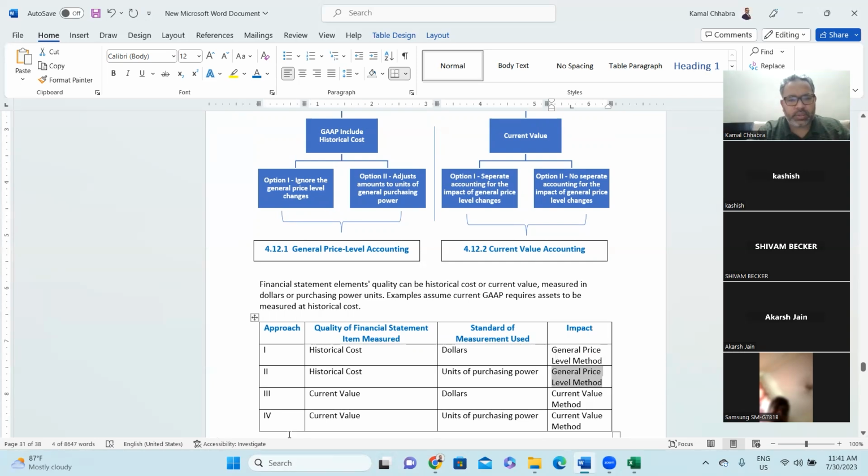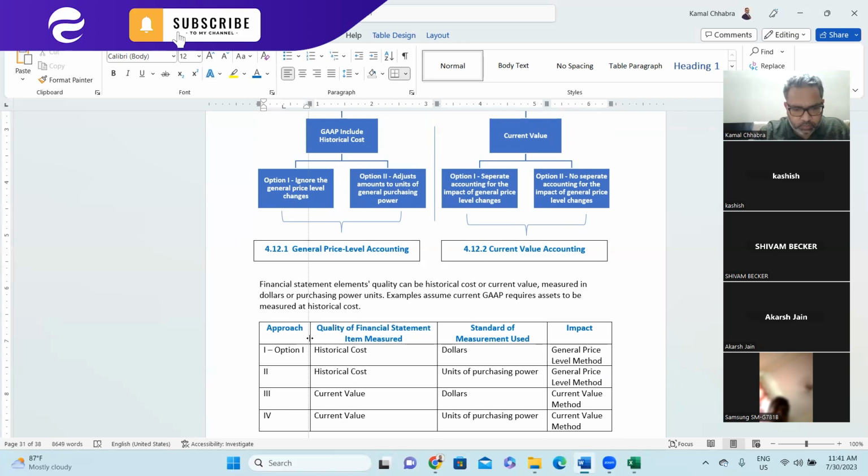Yes, so this is like option, maybe I can write here instead of approach 1 to be like option 1, right? ओके.